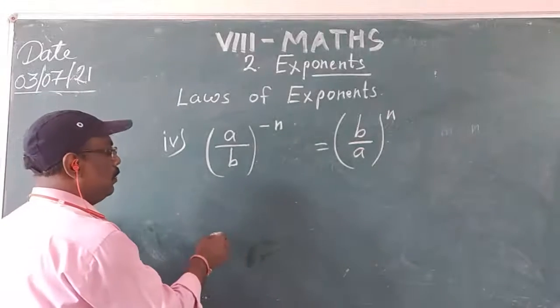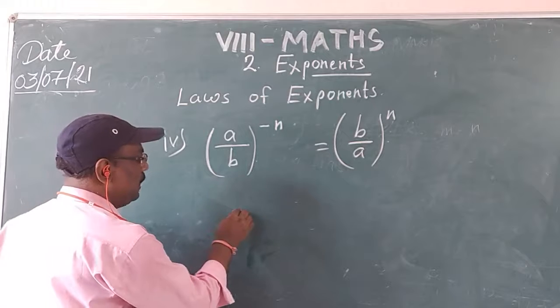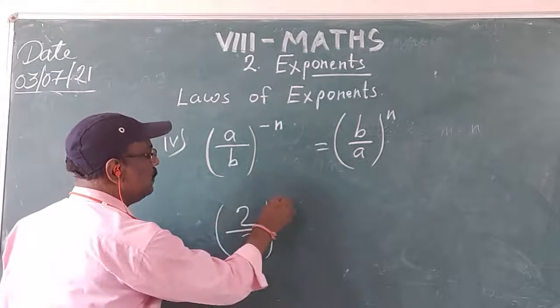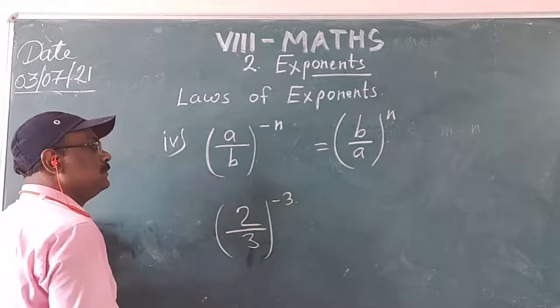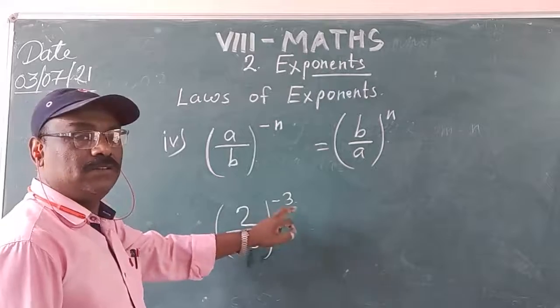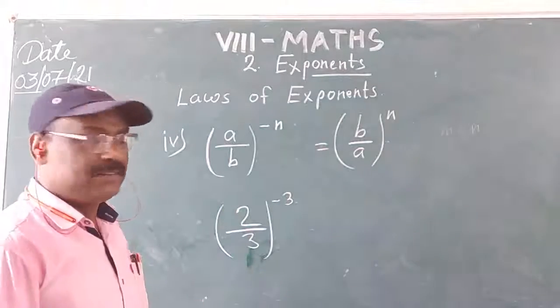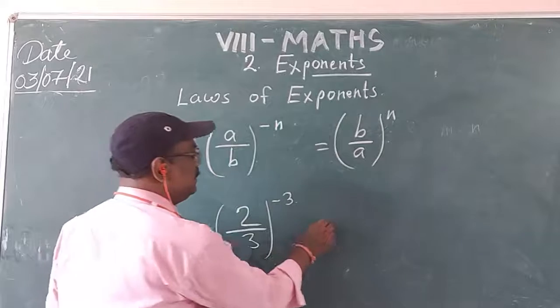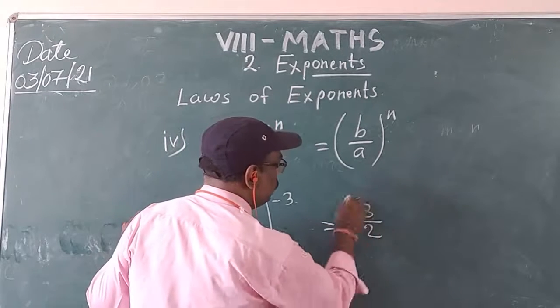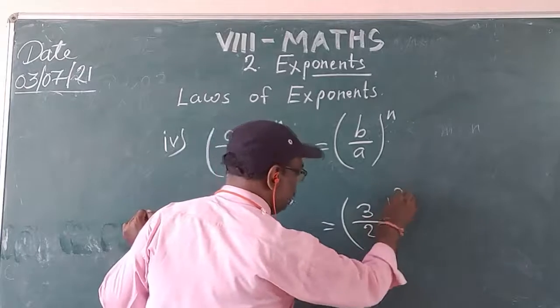Just now I showed you one question; I am taking 2/3 again, and I have written minus 3. Here you can see, in place of minus n, I have written minus 3. So I need to change this into plus 3. I will do the reciprocal and write 3/2, then write plus 3.